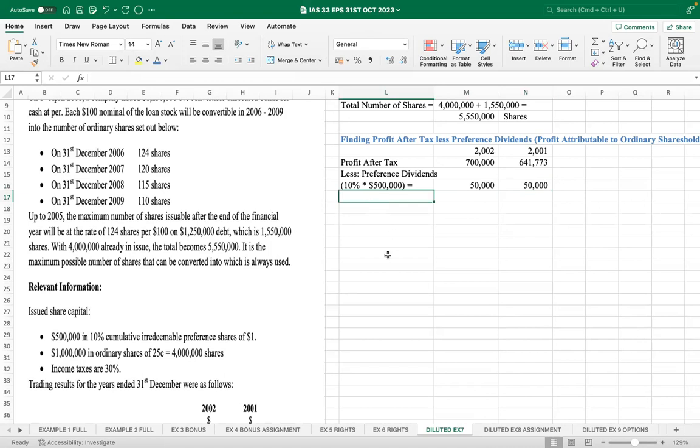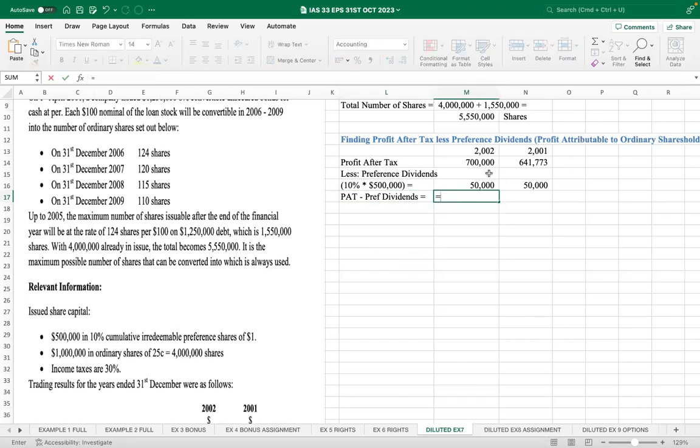So what will be our profit after tax less preference dividends? In other words, profit attributable, it will be 700,000 minus 50,000, which gives you 650, and this also the same, minus 50,000.